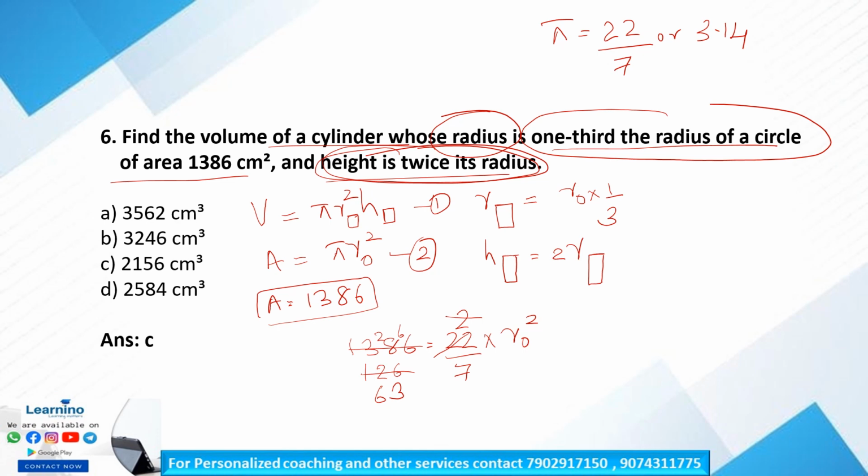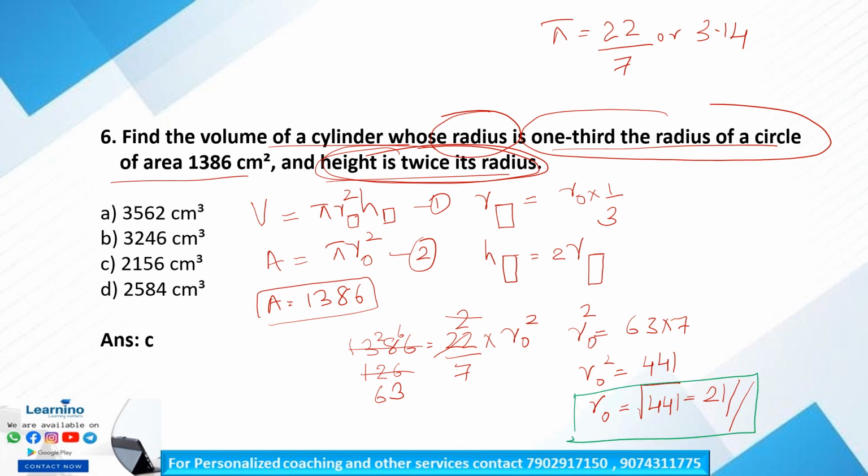Okay. 6 into 2 is 12. 3 into 2 is 6. So 63. Therefore, R square is equal to 63 into 7. R square is equal to 63 into 7 is 441. Therefore, radius of the circle is root of 441, that is equal to 21. So we obtain the radius of the circle as 21.